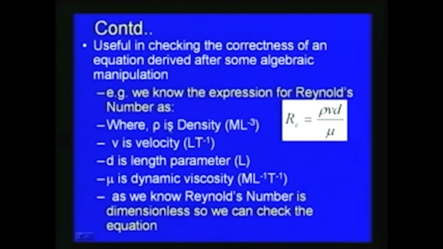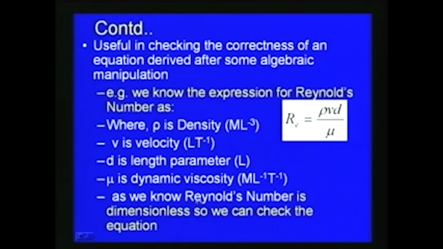Here rho is density, with dimension M L to the power minus 3; v is velocity, with dimension L t to the power minus 1; d is the length parameter, the diameter, with dimension L; and mu is the dynamic viscosity, with dimension M L to the power minus 1 t to the power minus 1. As we know, the Reynolds number is dimensionless, so we can check whether the equation is right or not. If we use this, you can see that both the numerator as well as the denominator have the same unit.